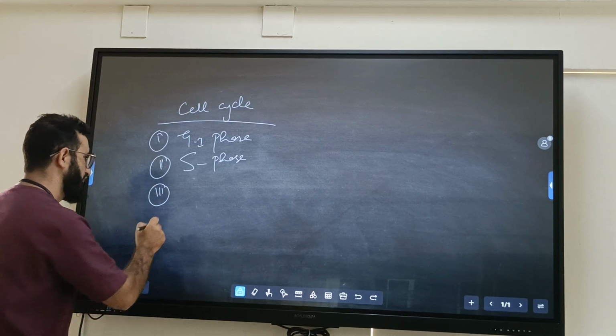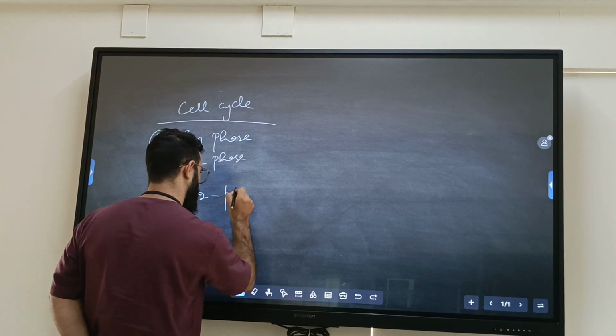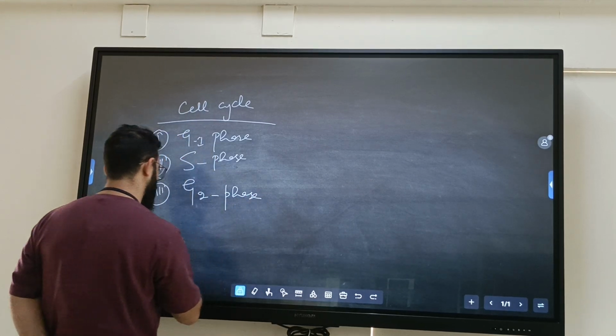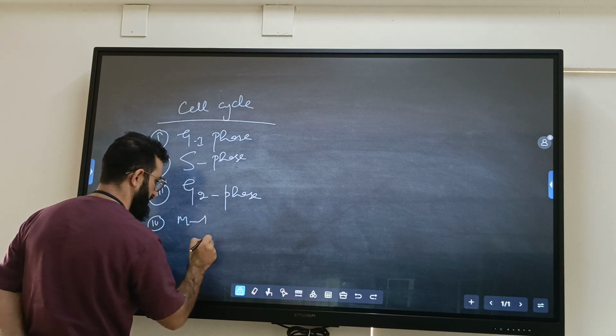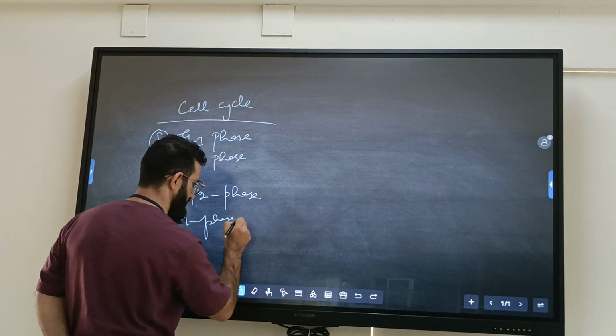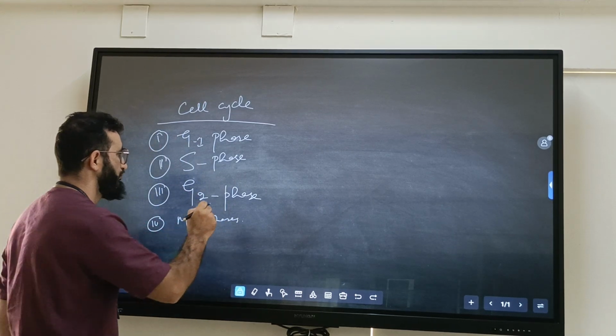Third is the G2 phase. And fourth is the M phase.